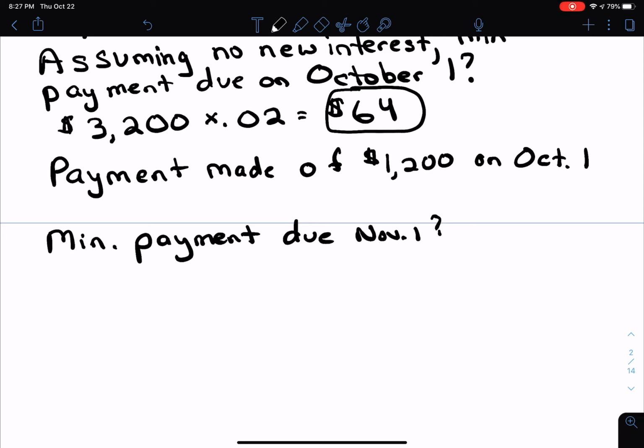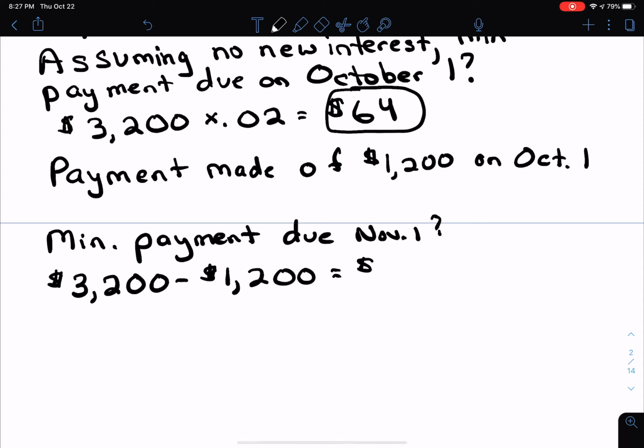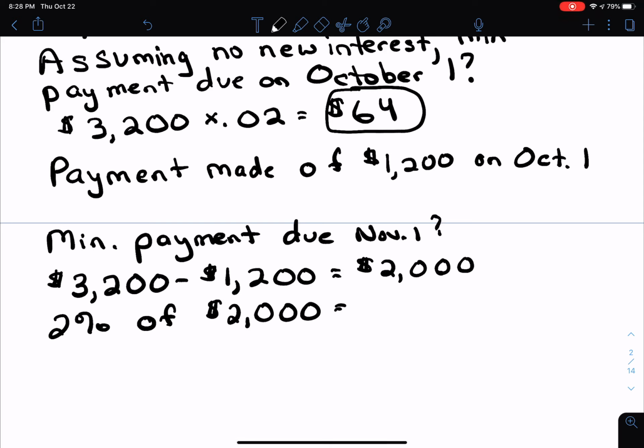Well, we need to subtract the $1,200 payment from that principal. So during the month of October up through November 1st, a balance of $2,000 was being carried. To get the minimum payment, we need 2% of the $2,000, and that's $40.